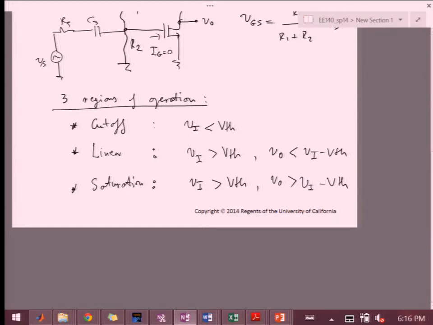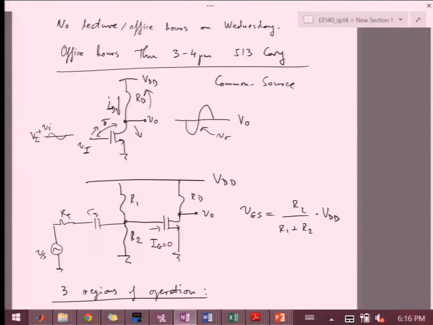It may be a little confusing because saturation in the BJT case was the bad region, and for MOSFETs, saturation is actually a good region. It's the legacy nomenclature of the past.